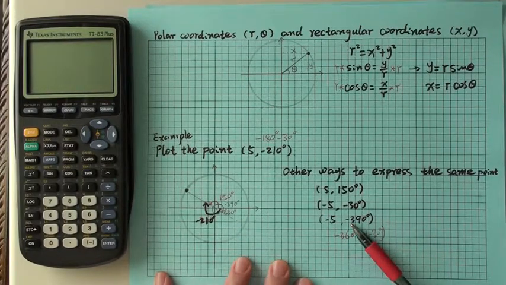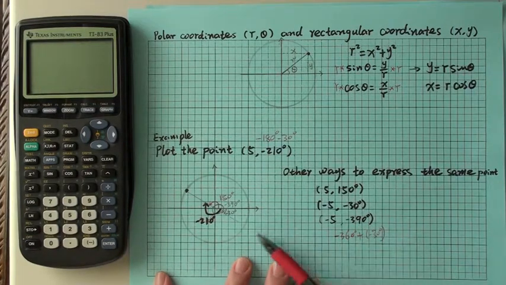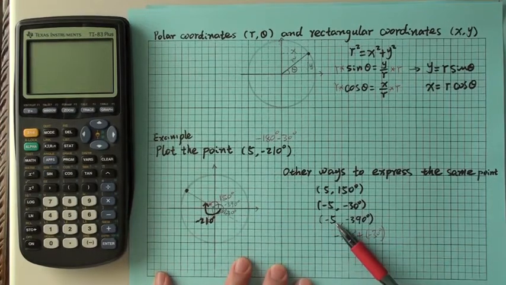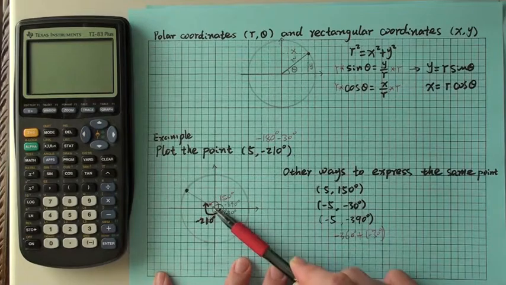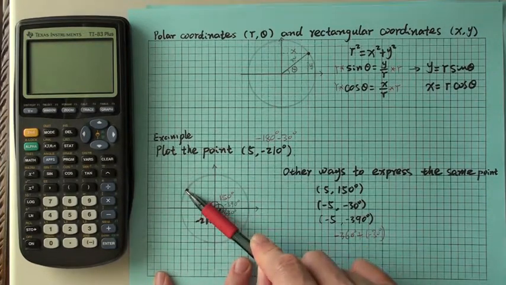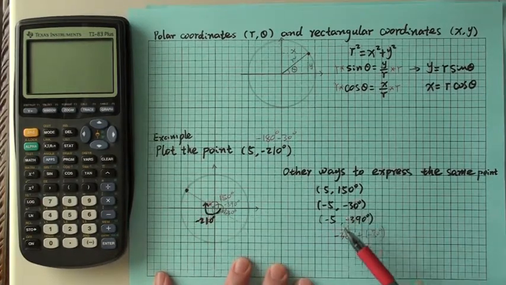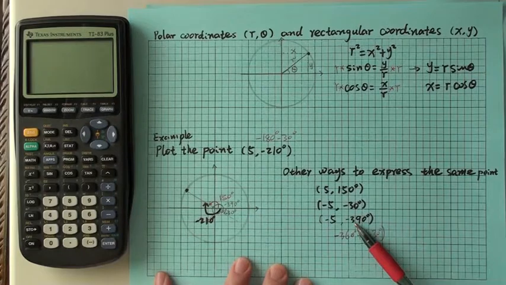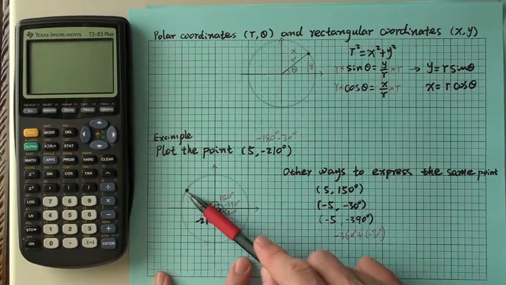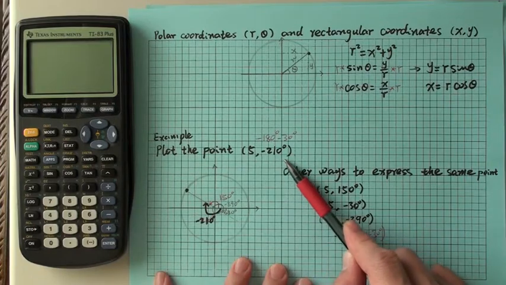That will give you negative 390 degrees. So it's the same terminal side. But negative 5 is a negative vector, so it points to the opposite side. It goes there. So all those three polar coordinates actually describe the same point as the one right here.